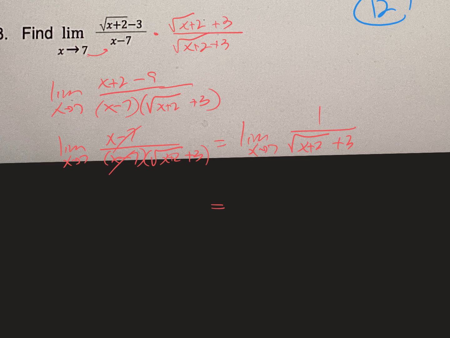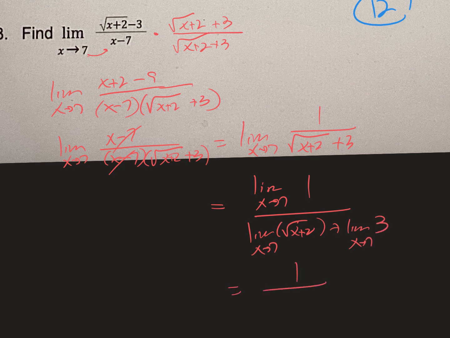My numerator, the limit as x approaches 7 of 1, is just 1 by the way. My denominator, the limit as x approaches 7 of the square root of x plus 2, and then the limit as x approaches 7 of 3. So my numerator is just 1. My denominator, I can plug 7 in there. Square root of 9 is 3, plus another 3, end up with 1/6. That's all you got to do there.